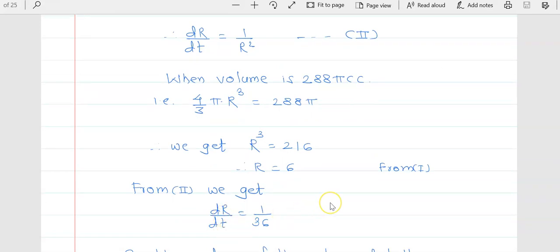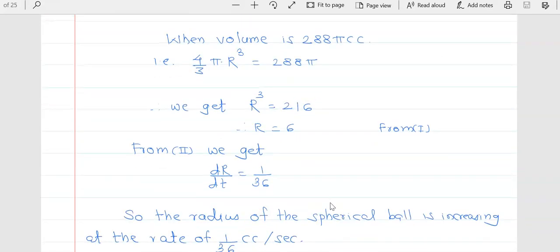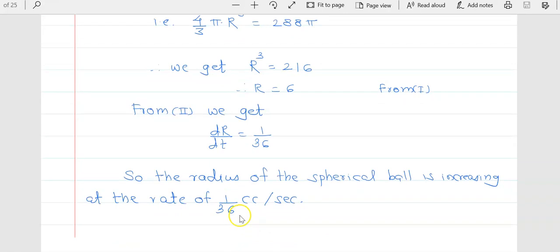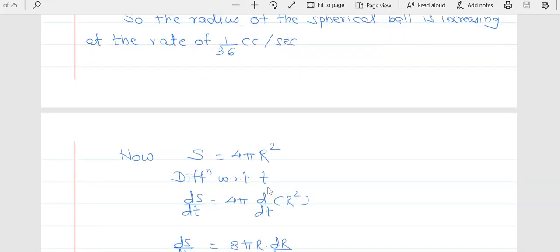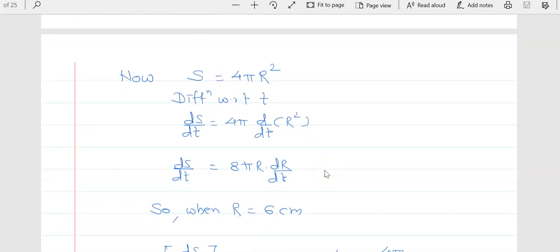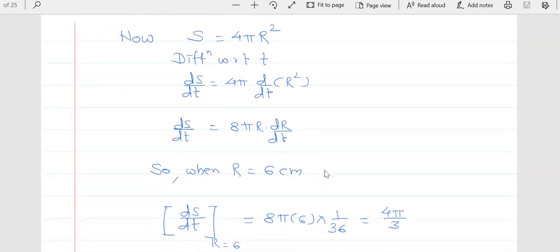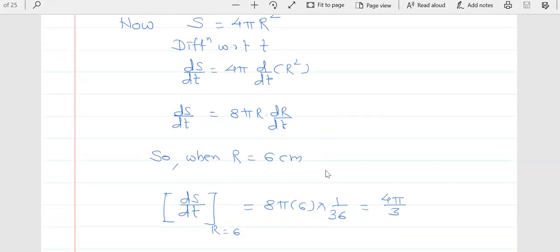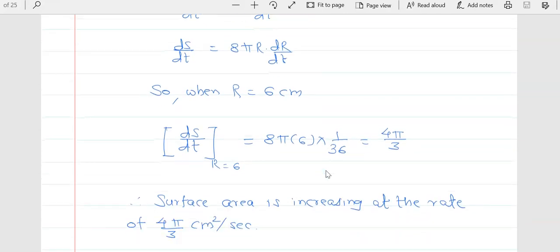Therefore dr upon dt is equal to 1 upon 36, and that's why the radius is increasing at 1 upon 36 centimeter per second. Double C is there by mistake. S is equal to 4 pi r square. Differentiate it. At r is equal to 6, dS upon dt is equal to 4 pi upon 3. Therefore, the surface area is increasing at the rate of 4 pi upon 3 centimeter square per second.